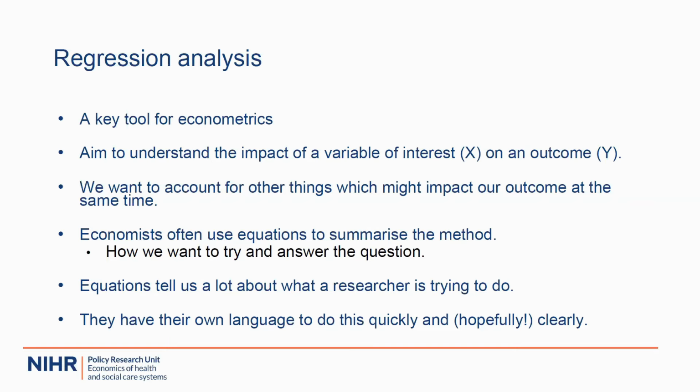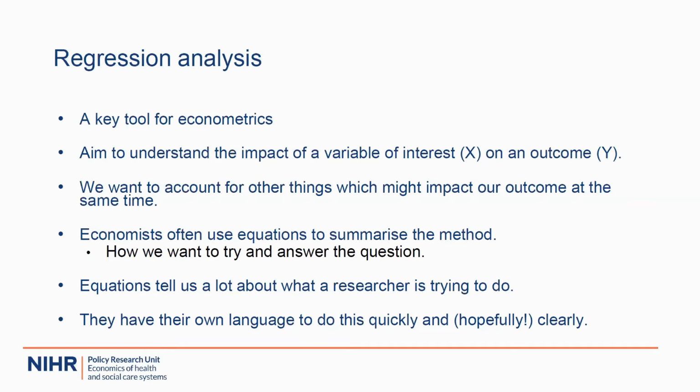There are different ways of trying to answer the question, and economists use equations to summarize the method that they're applying, how we're trying to answer those questions of interest. You can tell a lot from an equation about what the researcher is trying to do, but it has its own language.